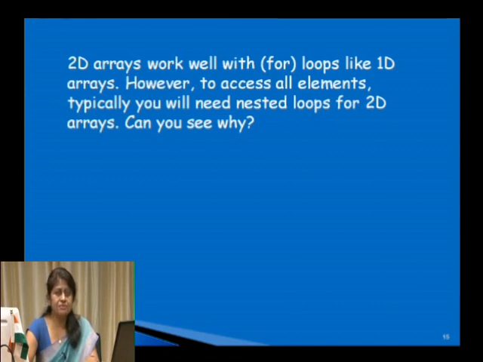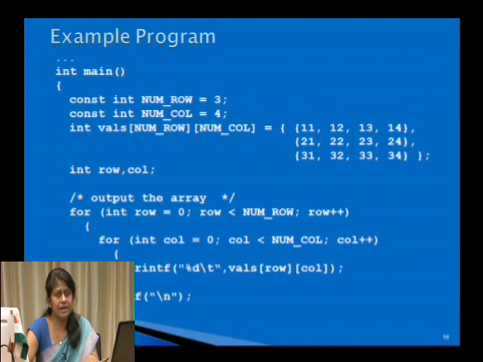But in case of the two-dimensional array, having just one single for loop is not sufficient. So, that is why we make use of a nested loop for the two-dimensional array. Why is that? Because we need to handle both the rows and columns.